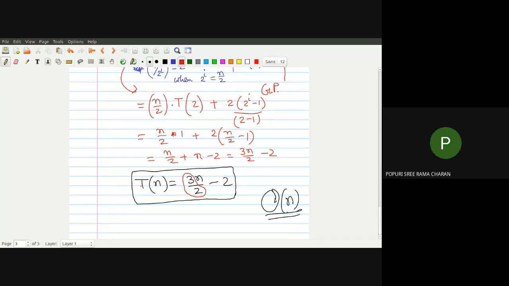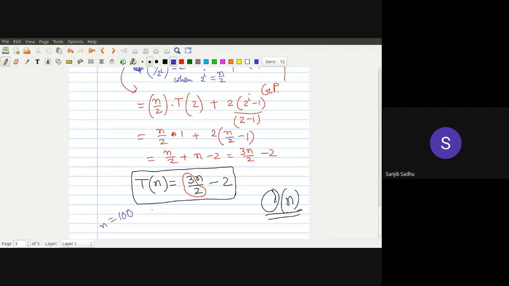Sir, but both are big O of n. Yes, sir, both are O of n. Okay, but which is faster? Say, for example, if you are finding the largest and smallest of n equal to 100, say I'm taking a small value.